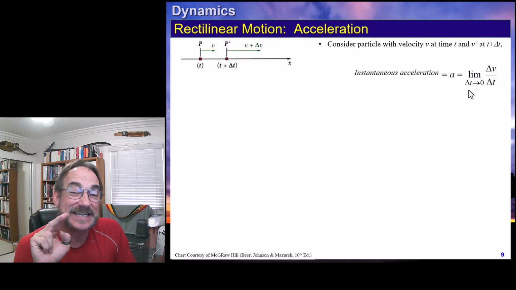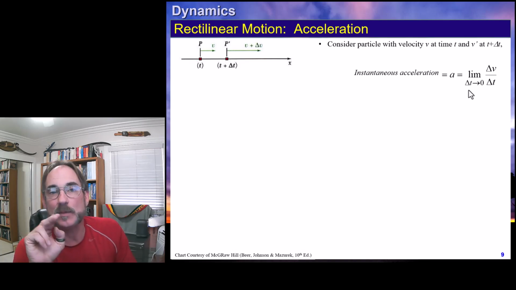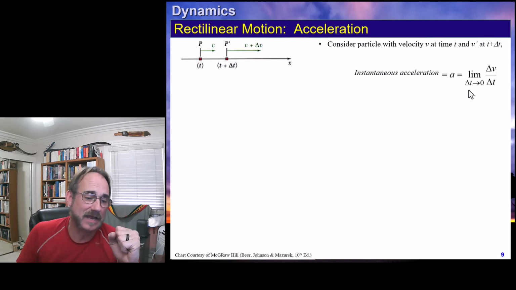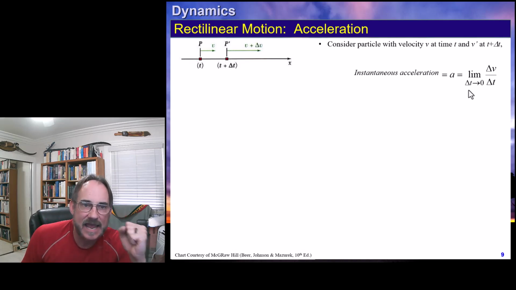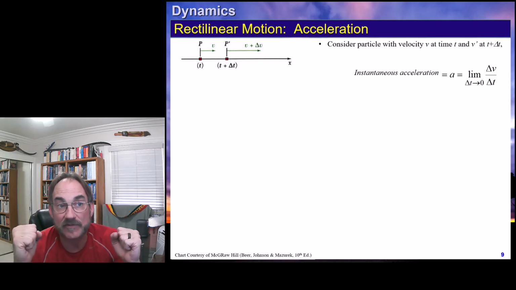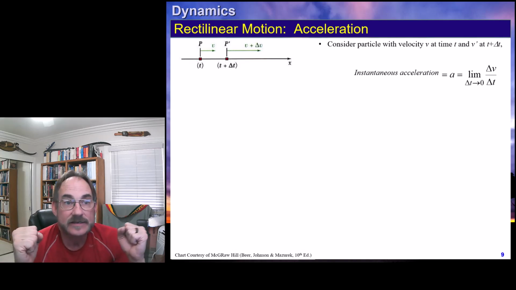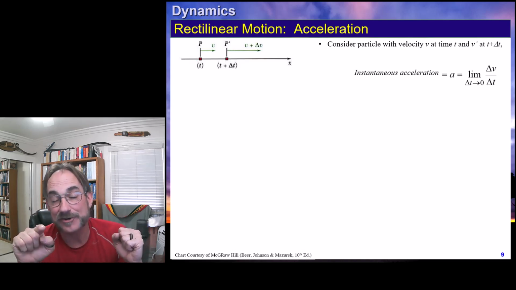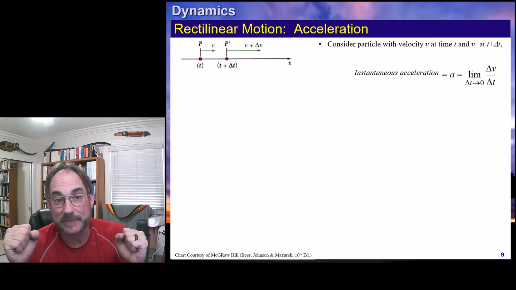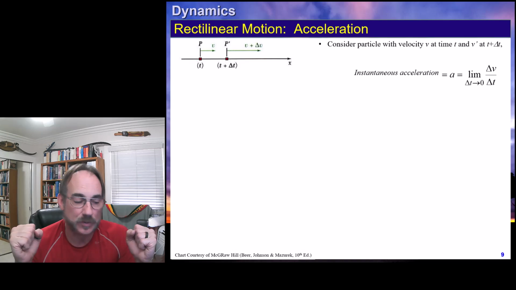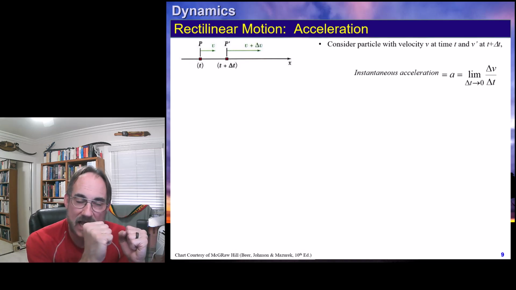But if we want the instantaneous acceleration, then we just make that delta t smaller and smaller. So we say, okay, let's see. Today, we're at a certain velocity, and 20 hours later, we're at another velocity. If we look at the change in velocity divided by that time, that gives us that average acceleration. Have the same problem we had before. If we want the instantaneous acceleration, what we need to do is reduce that time span.